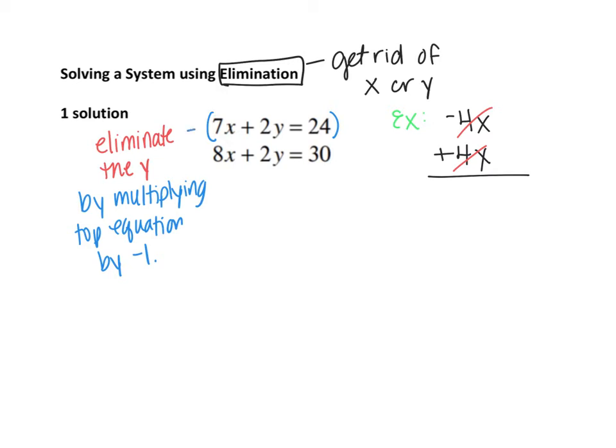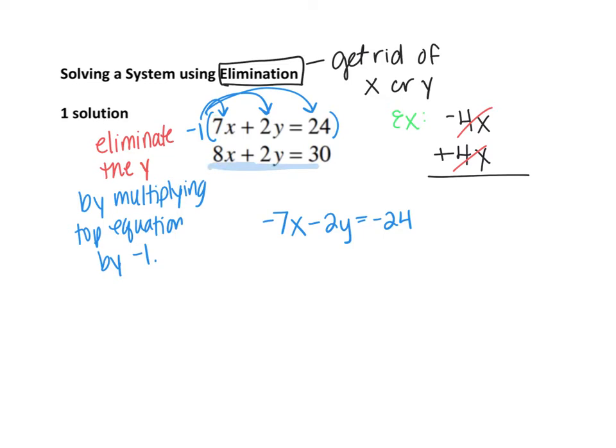So negative 1 goes outside. And what we have to remember to do is to distribute that negative 1 to every single term. So we would have negative 7x minus 2y equals negative 24.